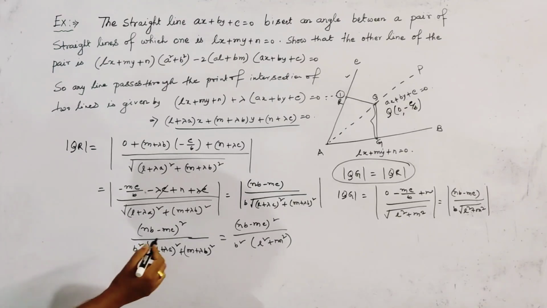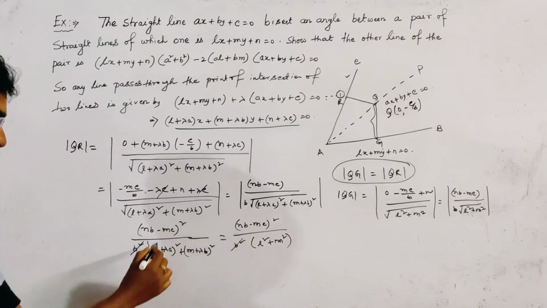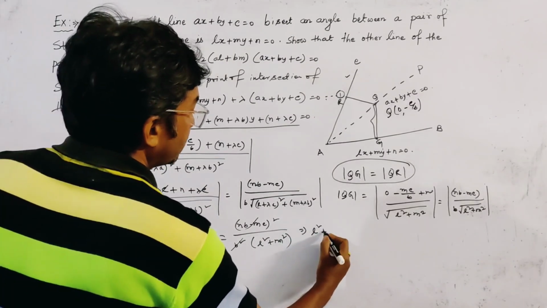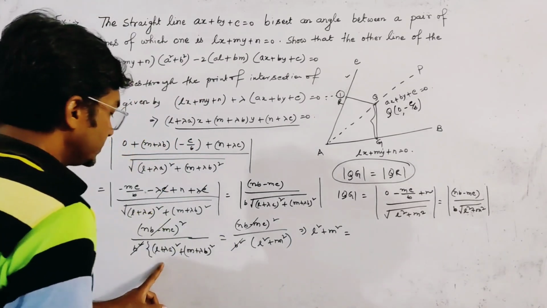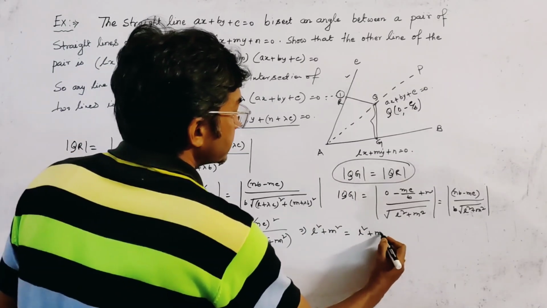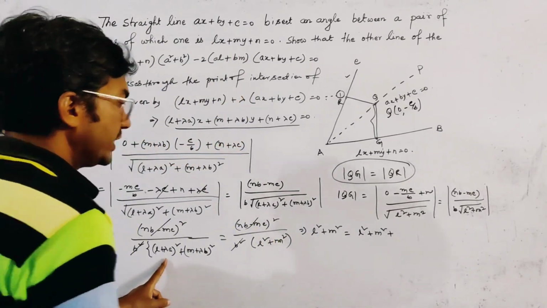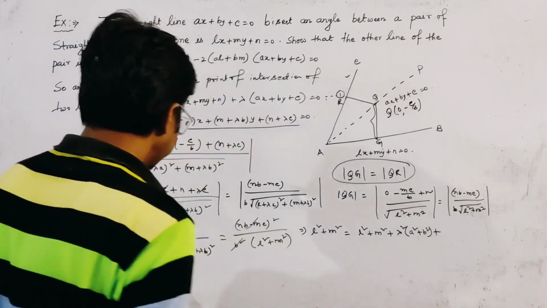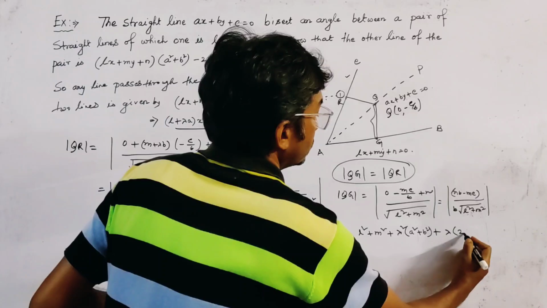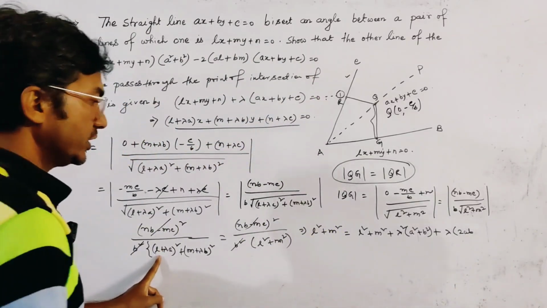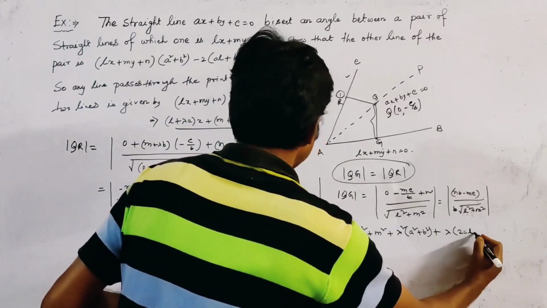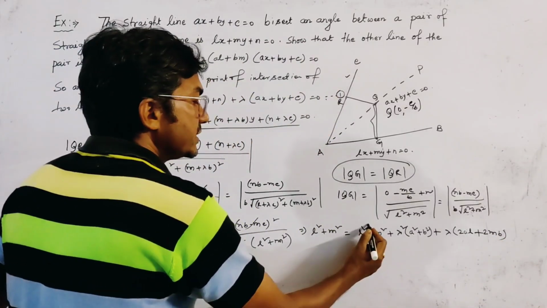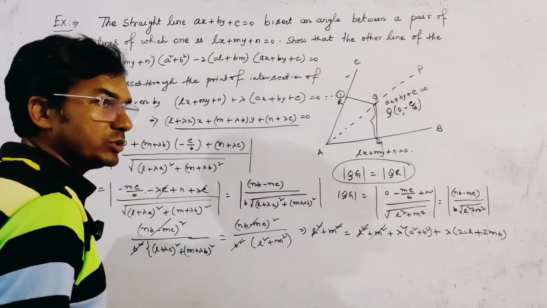From both sides it is clear that b square cancels out, this and this cancel out, and we get the result L square plus M square equals L square plus M square, plus lambda square into a square plus b square, plus lambda into 2AL plus 2MB. And L square plus M square cancel out on both sides.